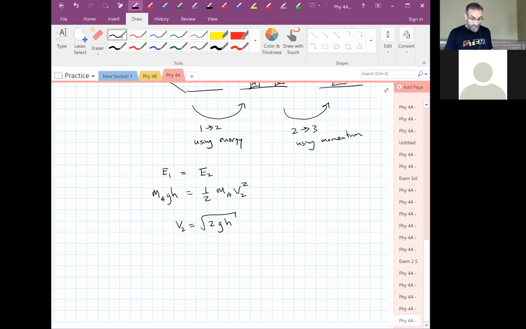Now we can go with momentum. The momentum at time 2 has to equal the momentum at time 3. Pick a direction as your positive direction. This is a vector equation. The momentum of A at time 2 plus the momentum of B at time 2 is the momentum of A plus B at 3. And we know, of course, B is not moving initially. It has no momentum.